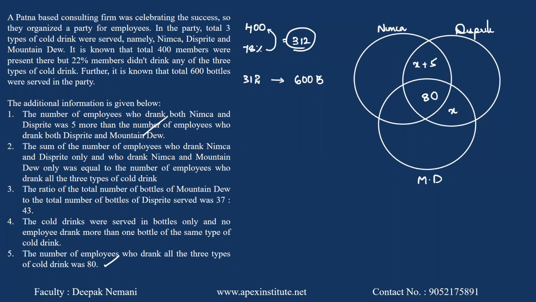Now the sum of the number of employees who drank Nimca and Sprite only, so X plus 5, and who drank Nimca and Mountain Dew only.